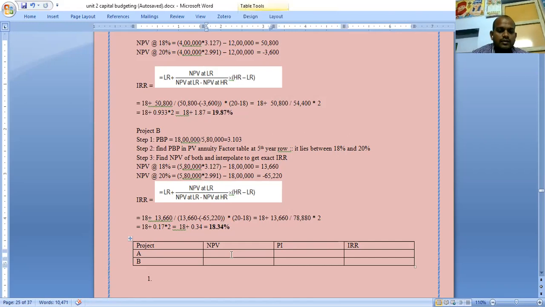Okay, let us represent all these results in a single table. So NPV is higher for project B and PI is higher in the project A, and IRR project A.